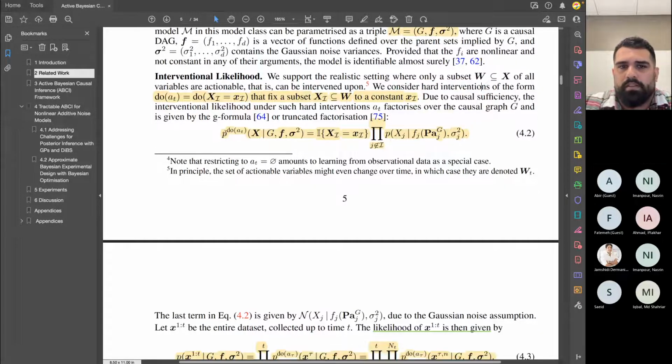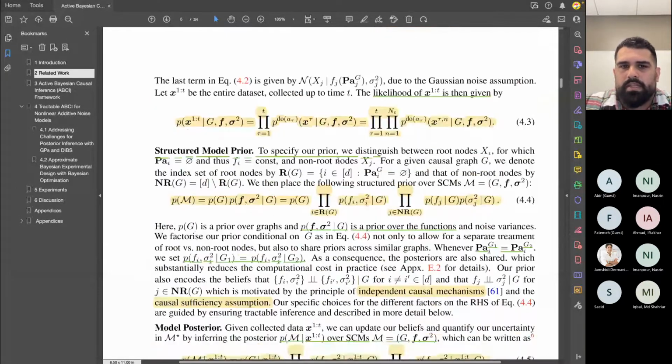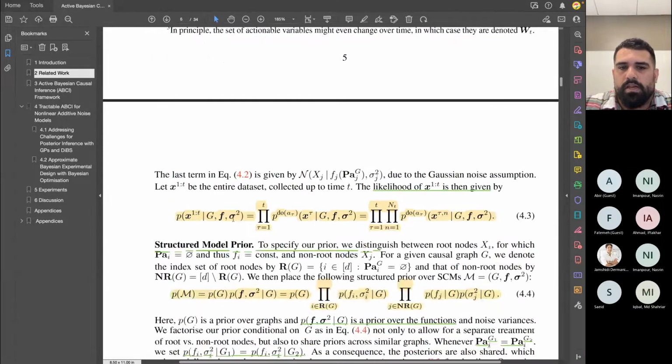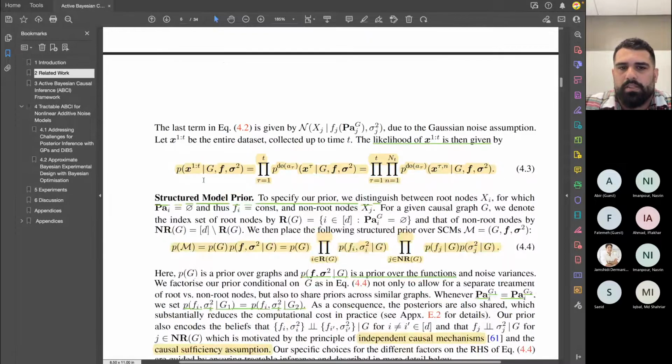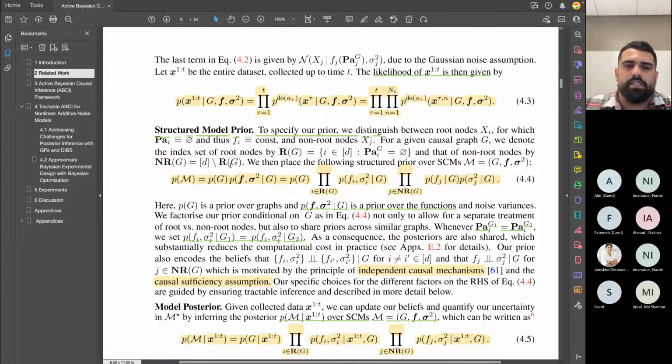They also provide the formula here for the distribution of the interventional data based on the given graph. And this is how they obtain the likelihood of each of the interventional data. This is the formula for how they perform the calculation. So this was regarding interventions.